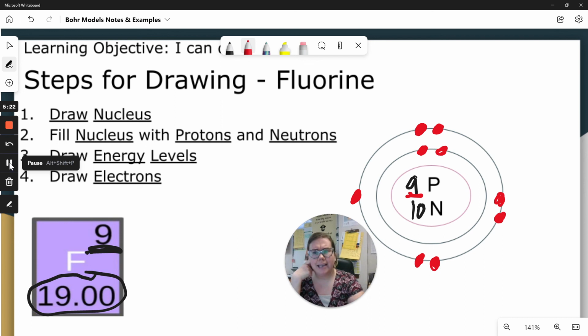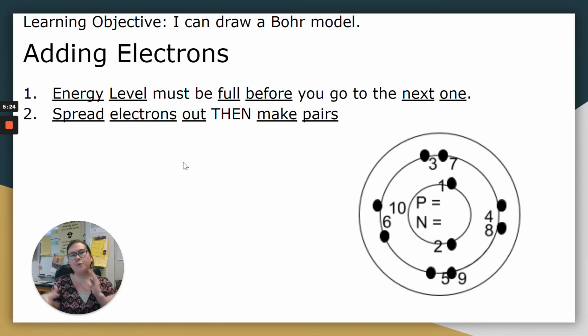All right, so adding our electrons, the energy level must be full before you go to the next one. So I knew I was drawing 9, but you notice I drew 2 in that first energy level, which is as many as it can fit. Then I went to the next one, right? If we only had 2, both of them would be in that first level.